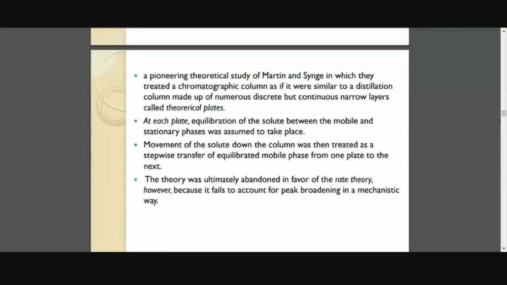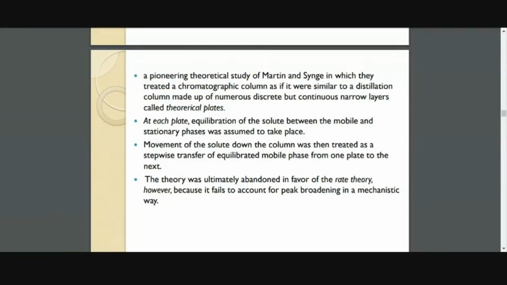To elaborate this term, they further stated that at each plate, equilibration of solute between the mobile phase and stationary phase was assumed to take place. They assumed that at every plate, the solute equilibrates between the mobile phase and the stationary phase.